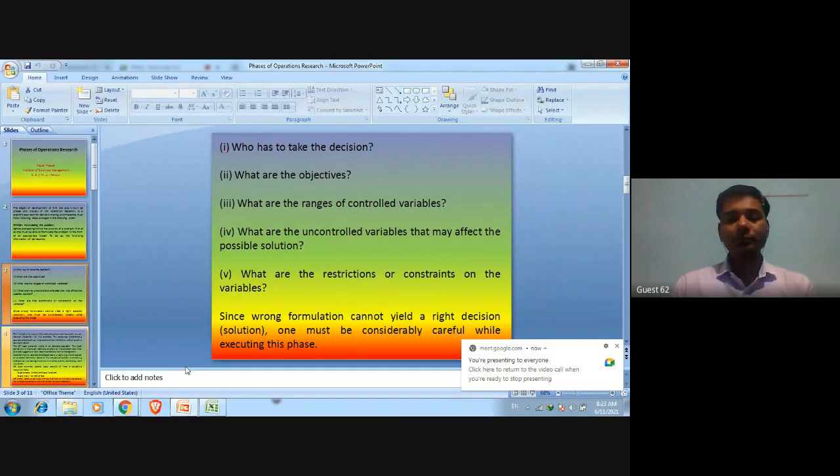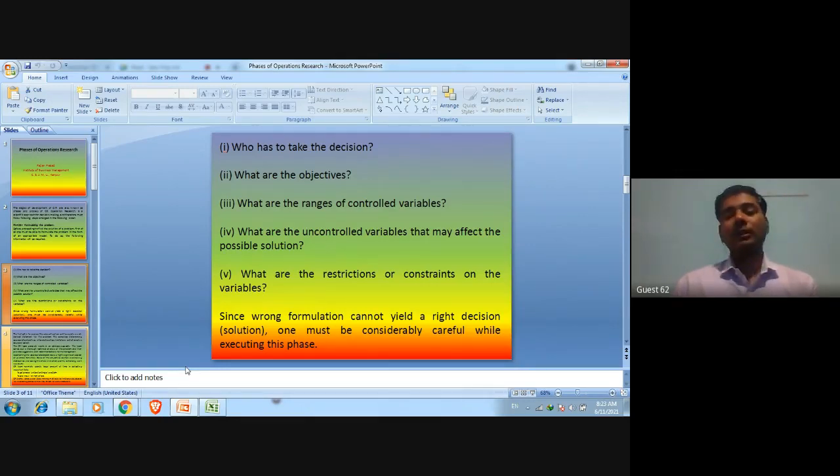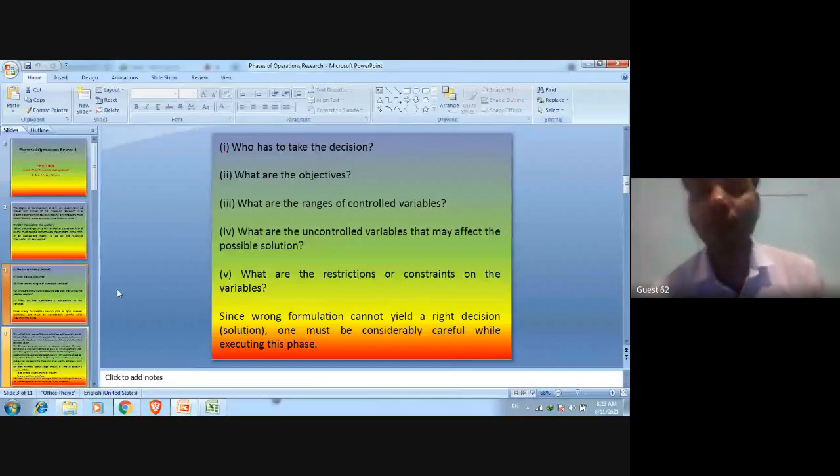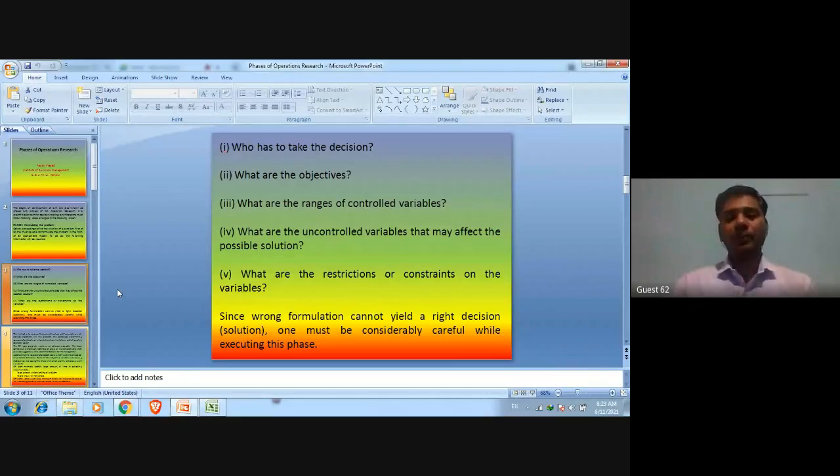Now, since a wrong formulation cannot yield a right decision, or you can say a right solution, one must be considerably careful while executing this phase. The main thing is that if your problem is not clearly defined, then you cannot get the proper or right solution.